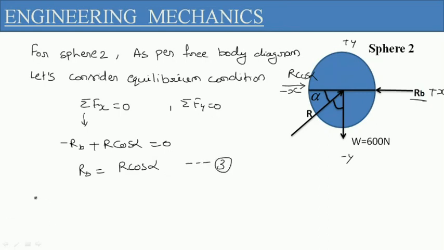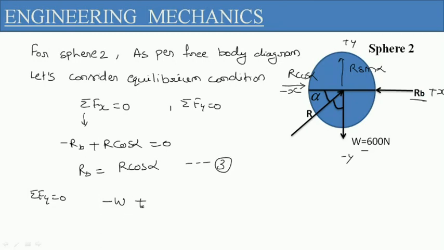Now for summation of Fy equals 0, we will define all the forces acting in y direction. Here there are only two forces acting. One is the weight, so it will be minus W because it is acting in minus y direction, and another is the vertical component of R, which is acting in upward, positive y direction, so it will be R sine alpha.